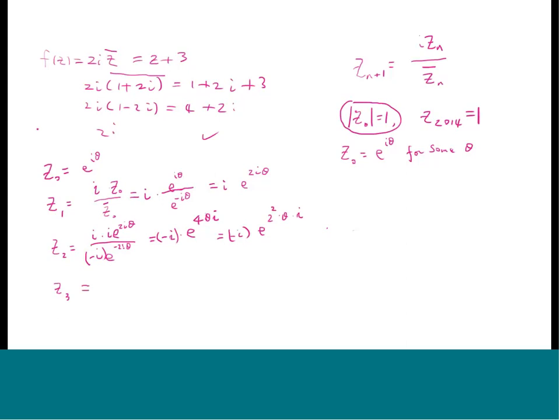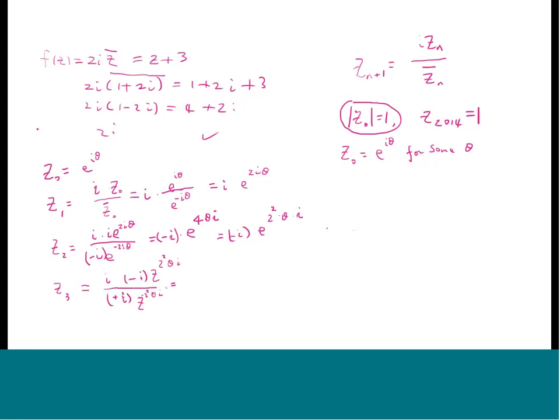Okay, we still have i here, minus i here, e to the 2 theta i here. z bar still gives minus i, so z bar minus i is plus i here. This is very important to get correct, otherwise the final result will be wrong.